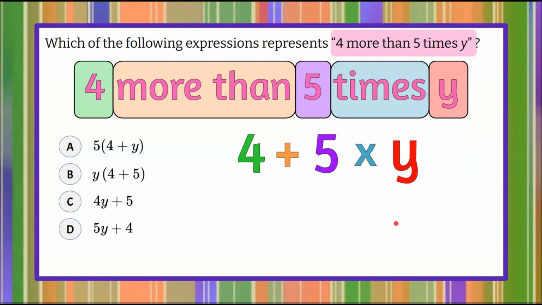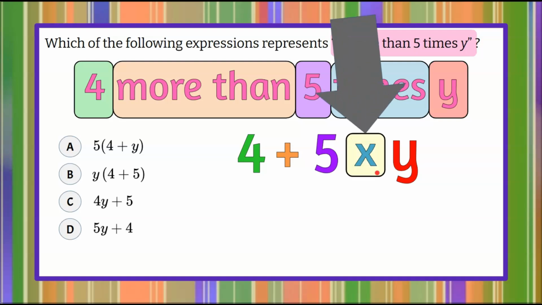So now we're ready to consider our mathematical expression that we've written from our verbal description and look at our answer choices. I can see that none of these answer choices have a multiplication sign in it. I can also understand that 5 multiplied by y doesn't need the operation there.